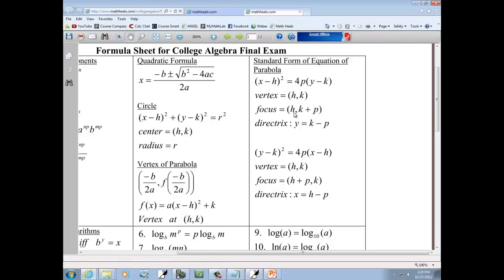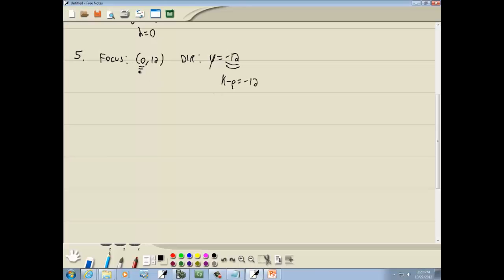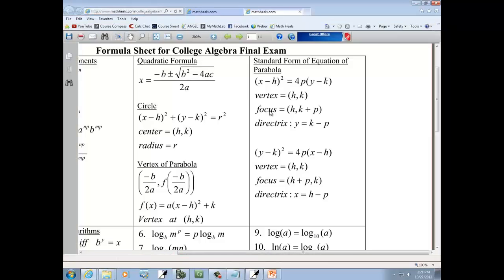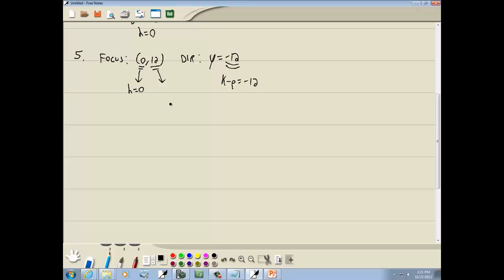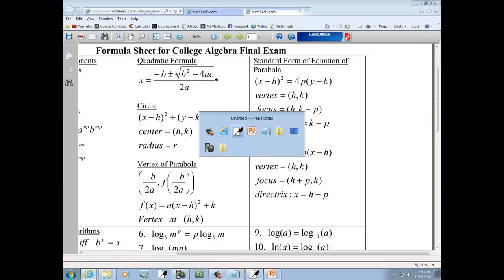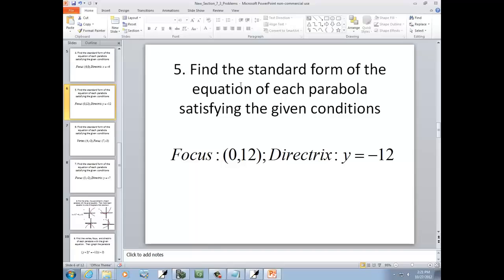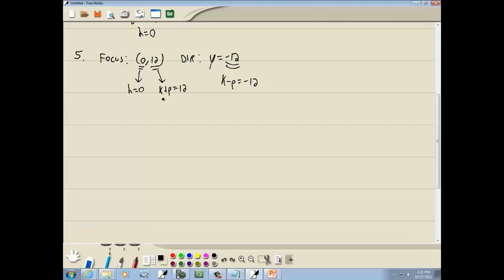Now our focus. The first part is h, so they're saying this is h. And they're saying our second part is k plus p, so k plus p is equal to 12. Remember, to put it into our standard form, which is what they're asking, we have to find h, k, and p. We know h, so let's find k and p.